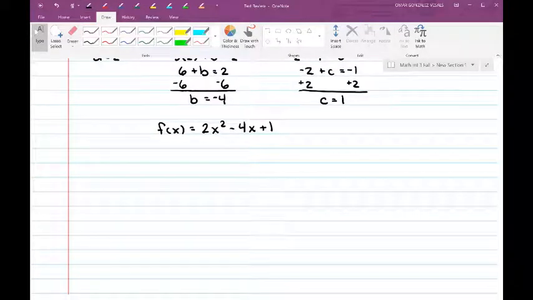This is obviously quadratic. So first thing I want to find is my y-intercept. What is my y-intercept? It's c, so my y-intercept would be 0, 1. Okay. And then now I got to find my vertex.